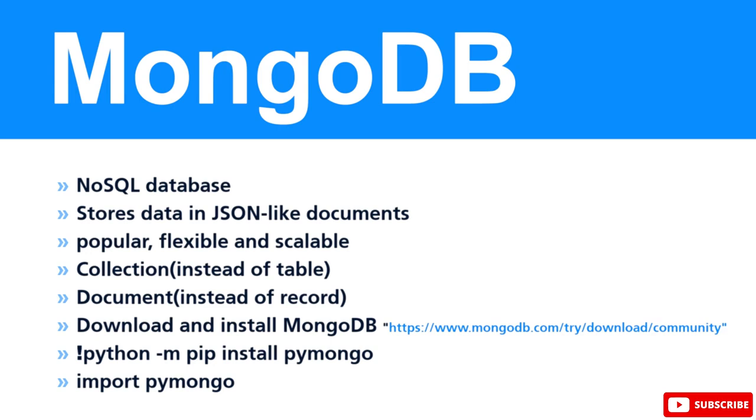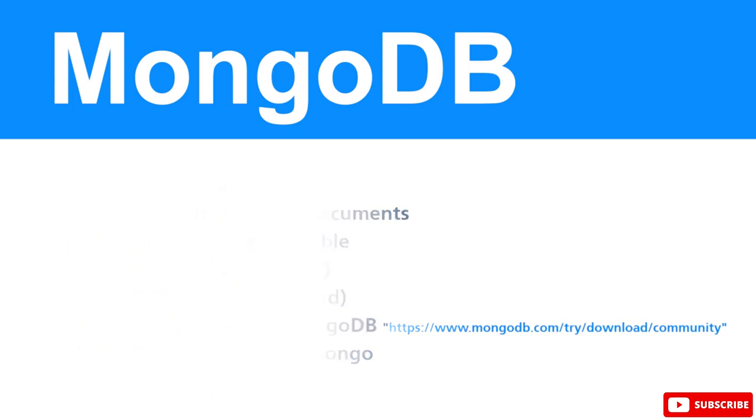And after that, to use the MongoDB database, you need to import this library or package in Python at the beginning of the program. Use the import statement to do that. At the beginning of each program to work with the MongoDB database in Python, use the statement import pymongo. Now let me show you how to download and install the MongoDB database on our device.